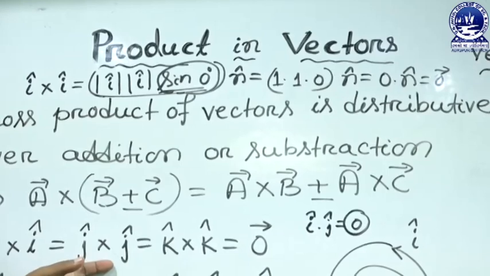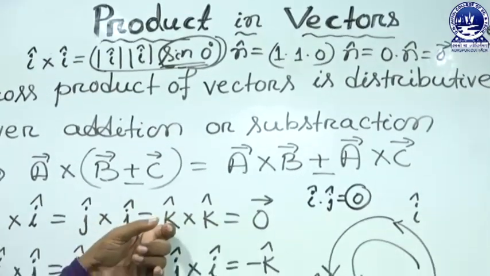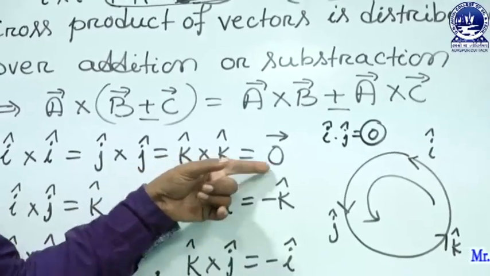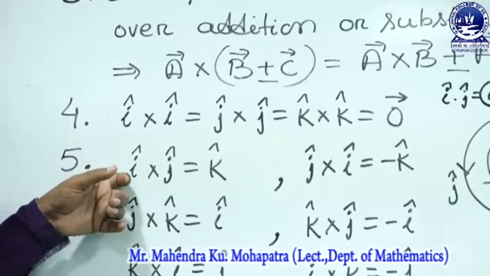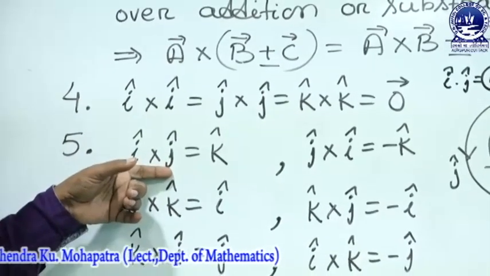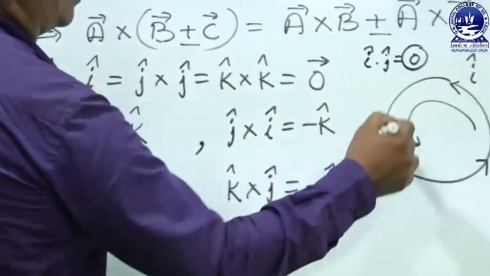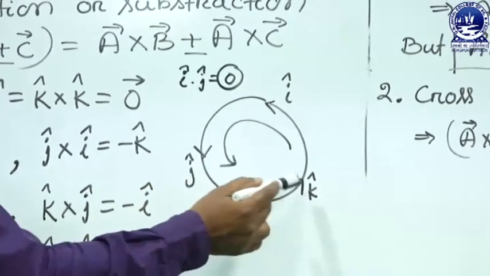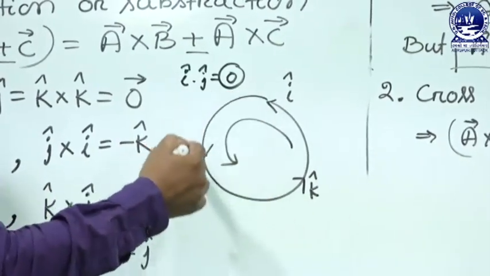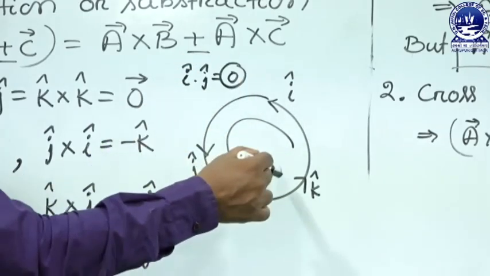Similarly, j cap cross j cap is also a null vector. Similarly, k cap cross k cap is also a null vector. Now the important thing is i cap cross j cap, the result is k cap. In the cyclic order, if you take i cap, then j cap, then k cap, moving anti-clockwise is the same direction.